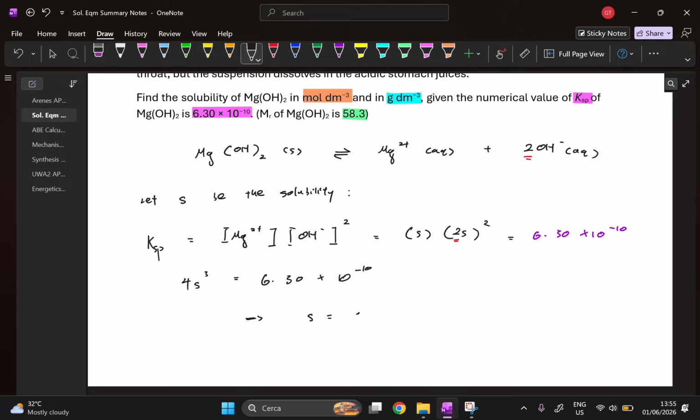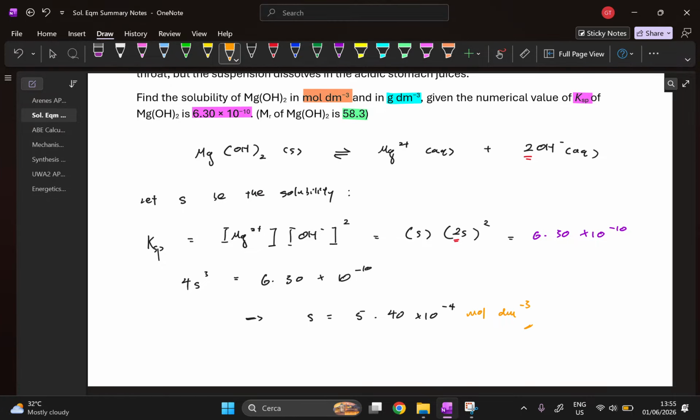So that's going to be 5.40 times 10 to the minus 4, and this is the concentration in mole per dm cube. So if I dissolve Mg(OH)2 in water, I'm going to get this S, 5.40 times 10 to the minus 4 mole per dm cube of free Mg2+ aqueous ions. Okay, so this is one done.